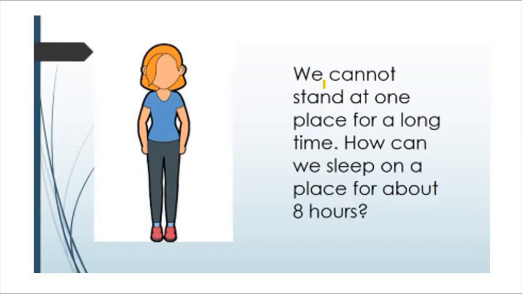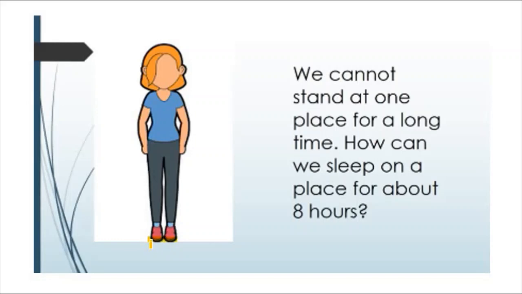Next question is, we cannot stand at one place for a long time. How can we sleep on a place for about 8 hours? When we stand at one place, only our feet are in contact with the floor. Due to this, our weight falls on a small area of the place, producing a large pressure.